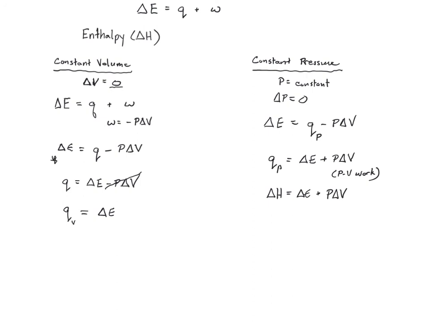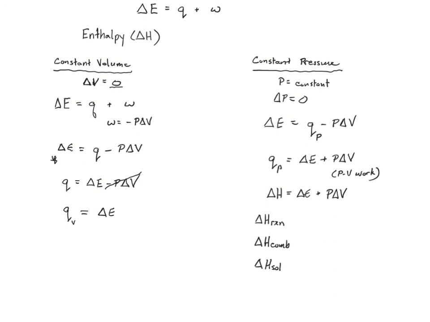We can talk about enthalpies of all different types. We can have the enthalpy of a reaction. We can have the enthalpy of specific reactions like combustion. We could have the enthalpy of solution, so the amount of heat being given out or taken in when a substance is dissolved in a solvent.